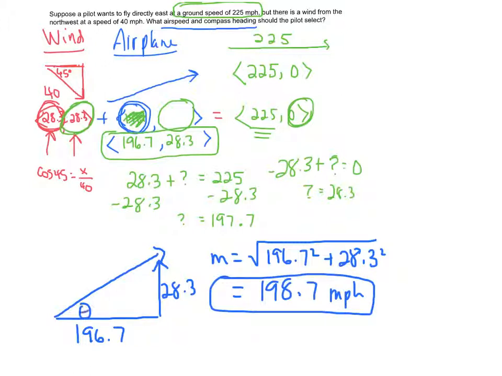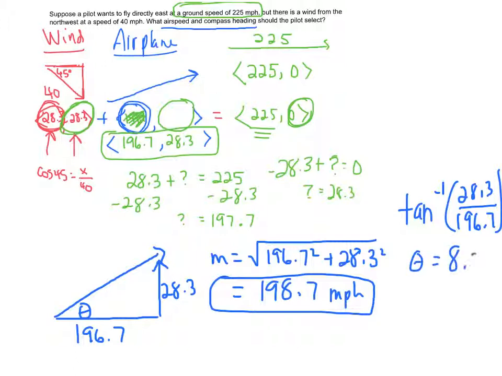Now I need to figure out my angle, theta. To do that, I'm going to do tangent inverse of 28.3 over 196.7. When I type that in my calculator, I get a theta value of 8.2 degrees. So I would say 8.2 degrees north of east.